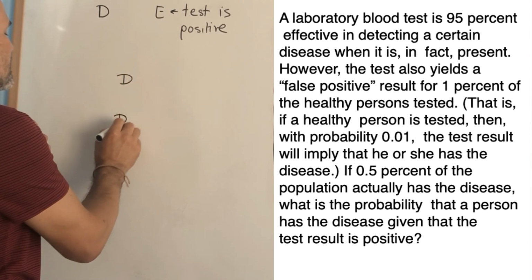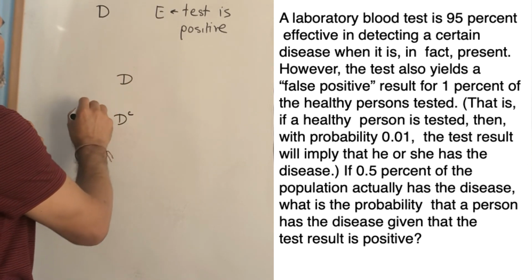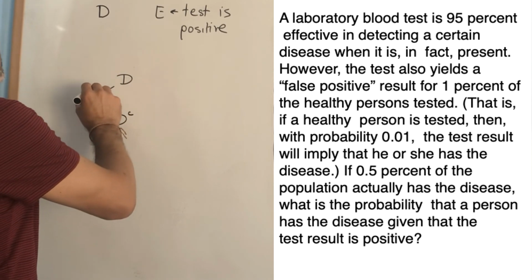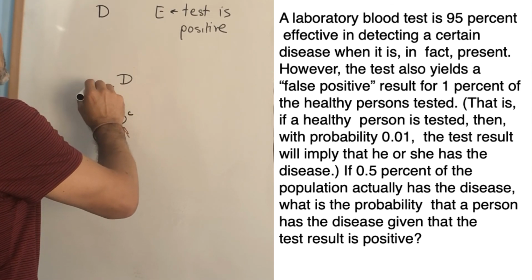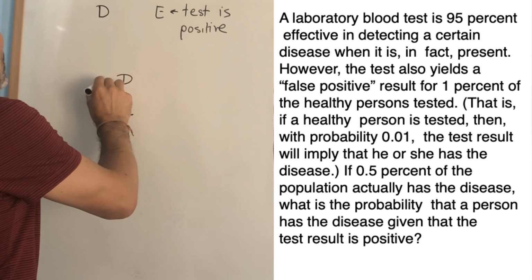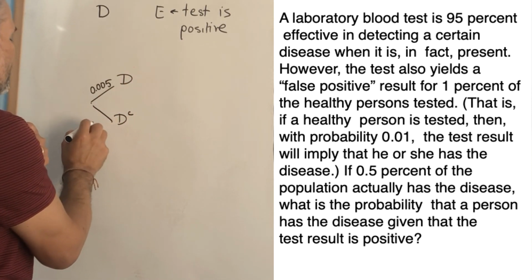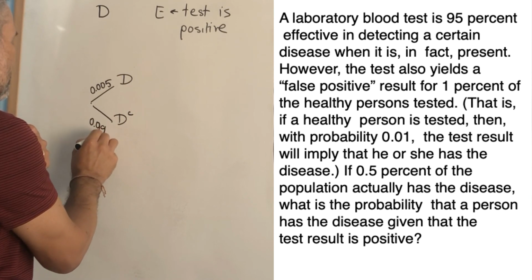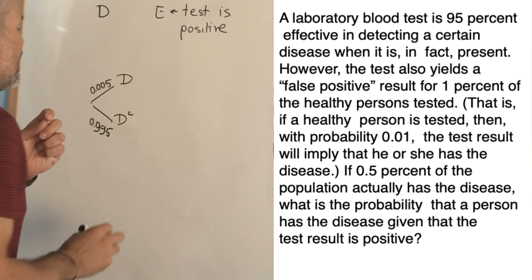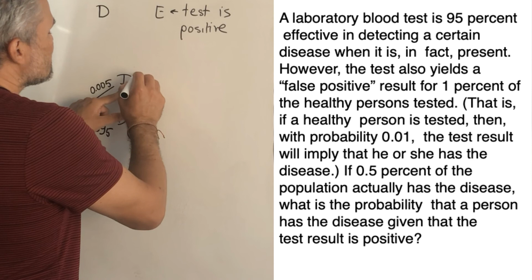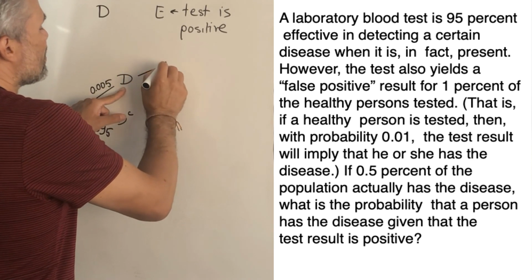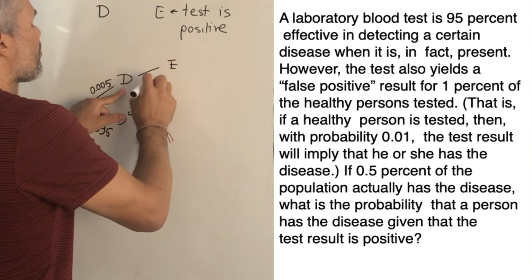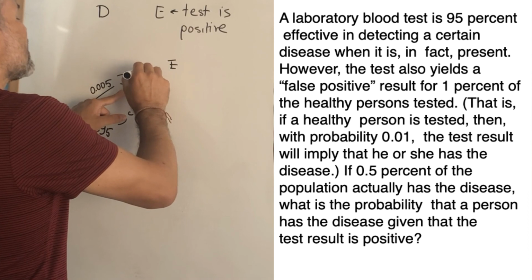Either the person has the disease or doesn't, and the probability of having the disease is 0.5%, that means 0.005, and therefore this probability is 0.995. Now, if the person has the disease, the test would be positive with a probability of 95%.